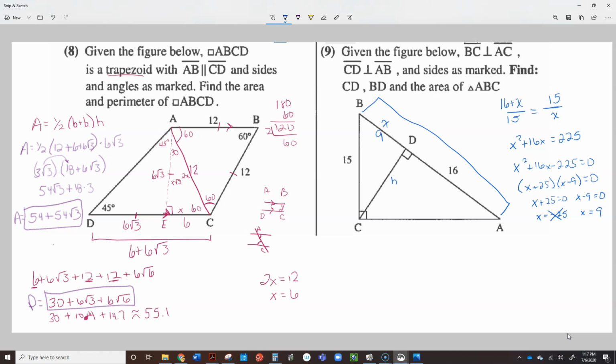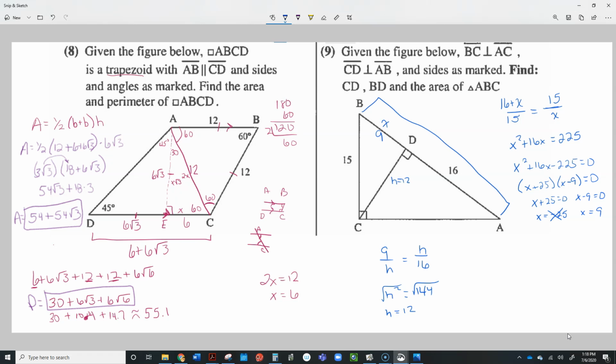Altitude or height, either one, is the geometric mean. So we set up our proportion: the geometric mean to the two pieces. Okay, so that's going to be h squared equals 9 times 16, which is 144. And you take the square root of both sides and we get h is 12. Okay, so we found CD to be 12.